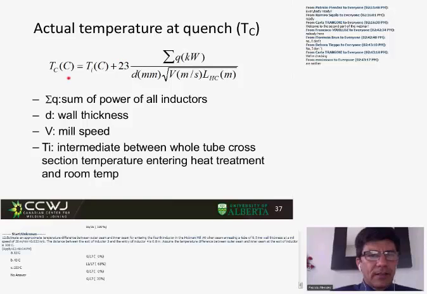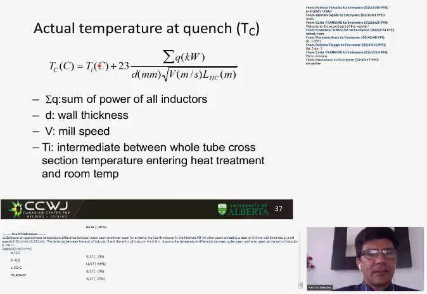It says the temperature at which we reach quench is the intermediate temperature, which I'll address in a minute, plus a term involving the total power of all inductors together, the wall thickness, and the square root of mill speed and length of the air cooling stage.